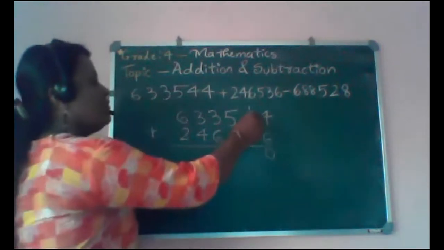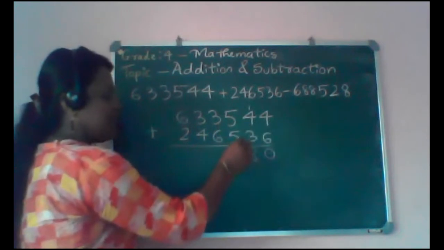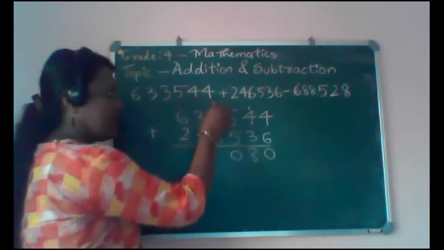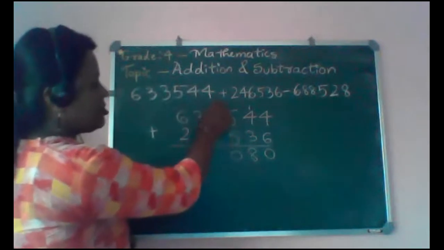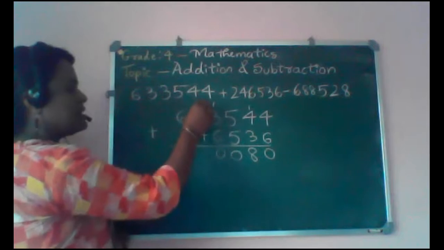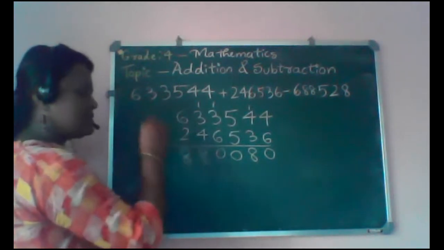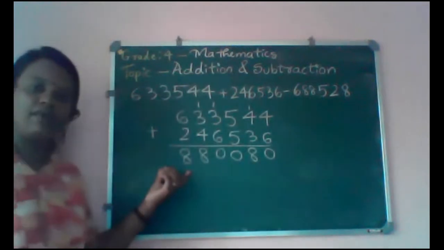We have 4 plus 3, 7, and 8. 5 plus 5, 10, 1 is carried. 6 plus 3, 9, plus 1 is 10. 1. 3 plus 4 is 7, and 8. 6 plus 2 we have 8. So this is the sum we have got.